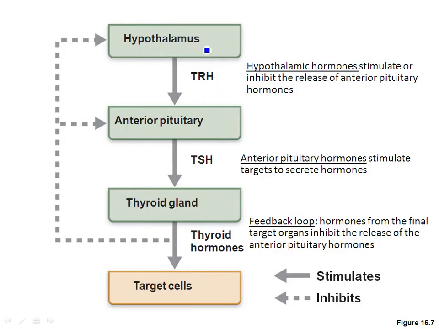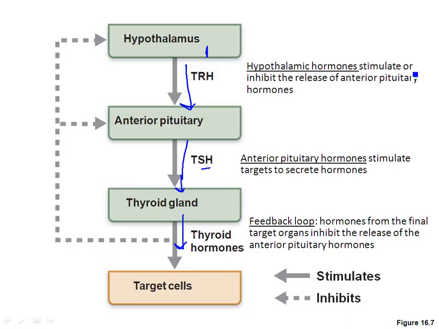That's made in the hypothalamus, travels through that portal system to the anterior pituitary and causes the anterior pituitary to release TSH, which is thyroid stimulating hormone. That thyroid stimulating hormone then travels in the blood to the thyroid gland. The thyroid gland then produces thyroid hormone, which then goes out to its target organ and causes its effect.